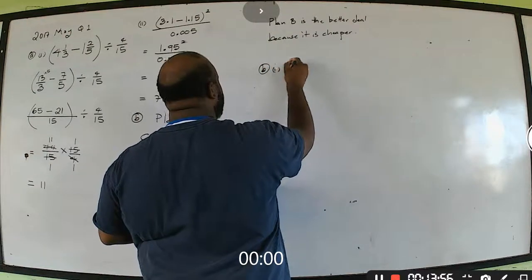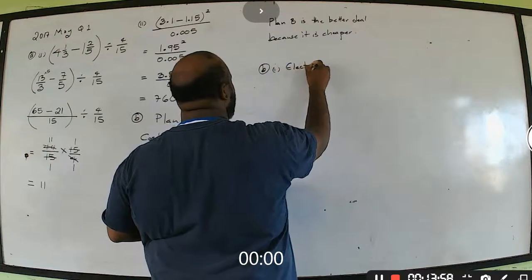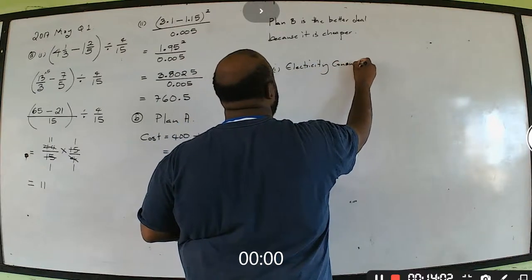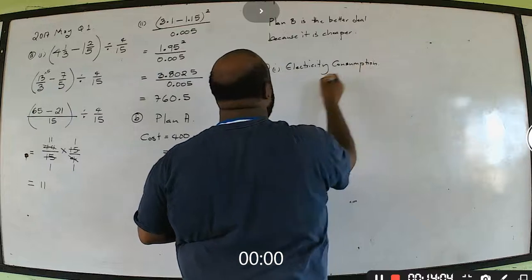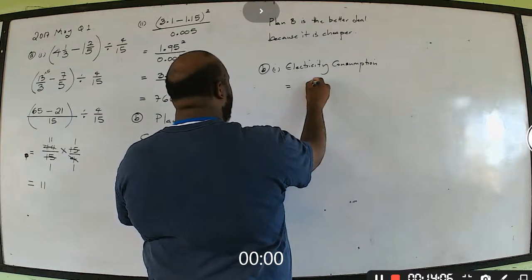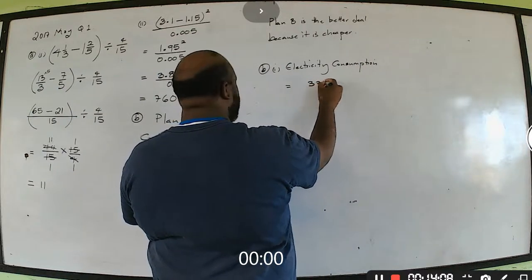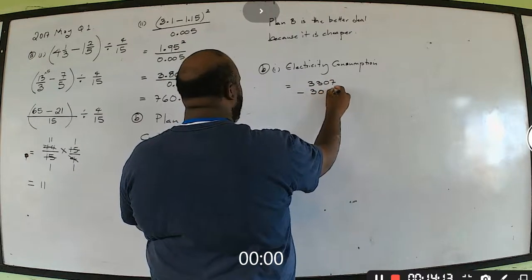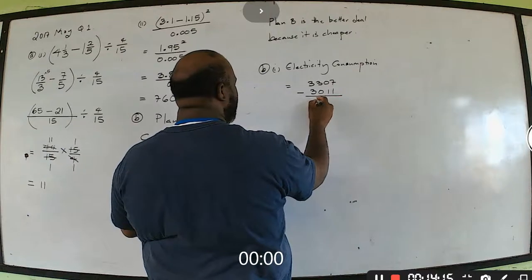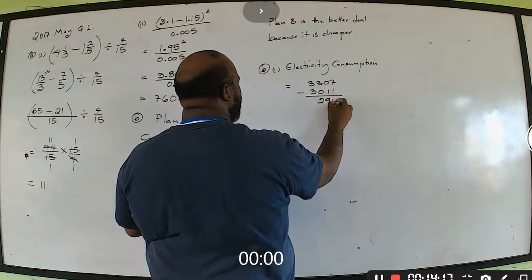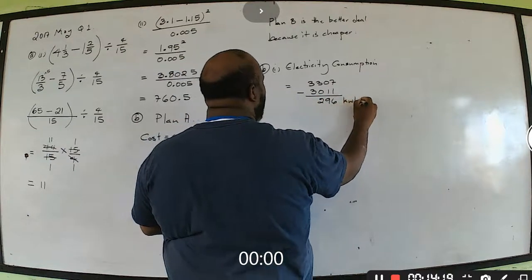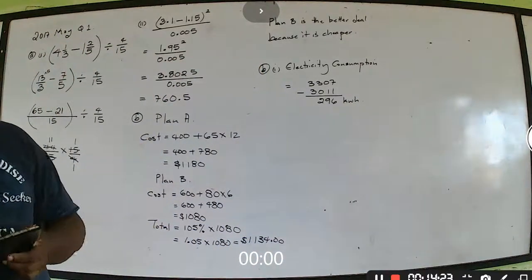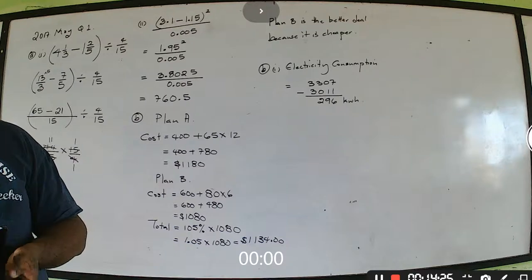Now the electricity consumption will be 3307 minus 3011. What did you get? How much electricity did they use for the month of March? 296 kilowatt hours.